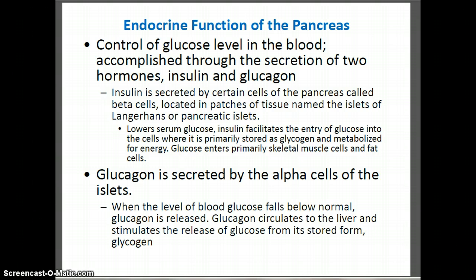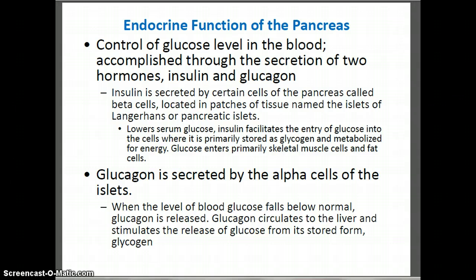It is stored in liver and skeletal muscle and fat, but it is utilized by the nervous system cells. Neurons can only really effectively use glucose for their source of energy. So if you have low serum glucose, you definitely will experience dizziness because your brain is not receiving the fuel that it needs.